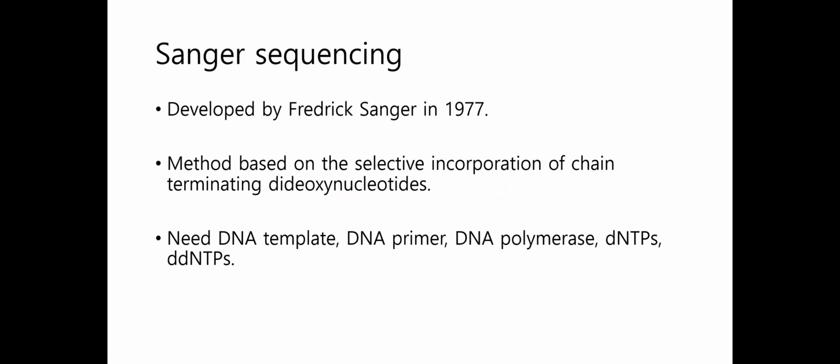Sanger sequencing was developed by Frederick Sanger in 1977, and this method used chain-terminating dideoxynucleotides. And this sequencing makes a new strand of DNA. So it needs a DNA template, a DNA primer, DNA polymerase, dNTPs and ddNTPs.